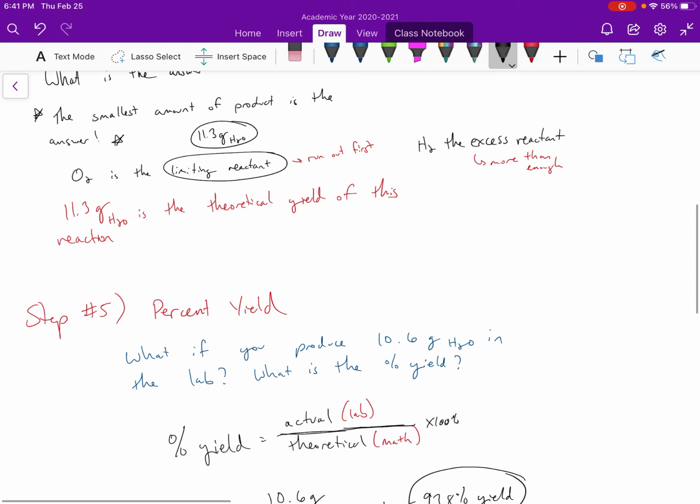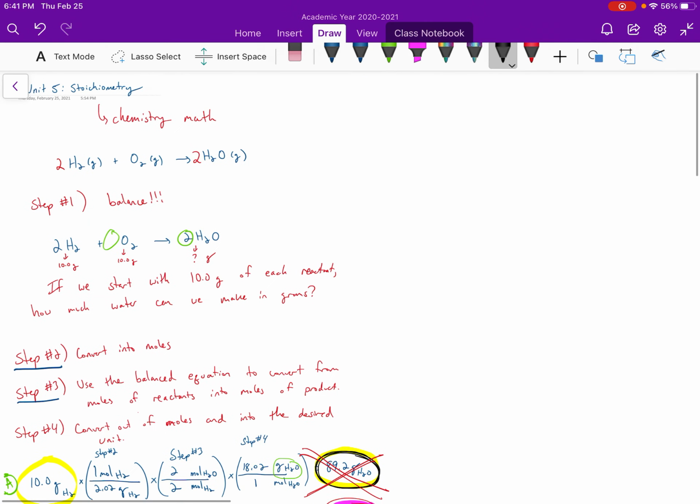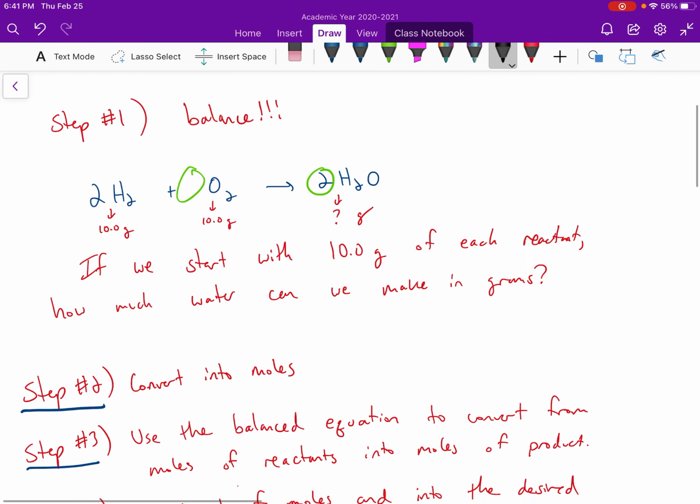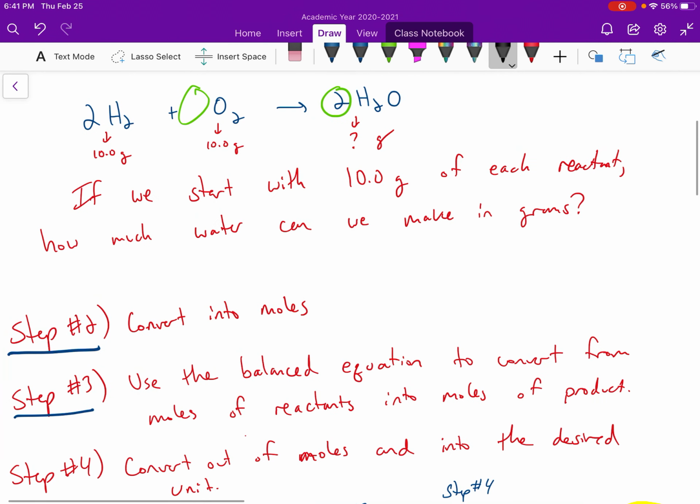So this is the idea. This is chemistry math, right? You're going to start with a certain amount of reactants, okay? We don't know which one's going to run out first. So what we're going to do is pretend, right? We're going to pretend like each one is individual. So I'm going to say, all right, what if I had 10 grams of hydrogen and plenty of everything else? How much am I going to get, right? Independent of the oxygen.